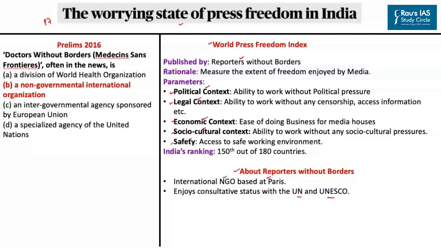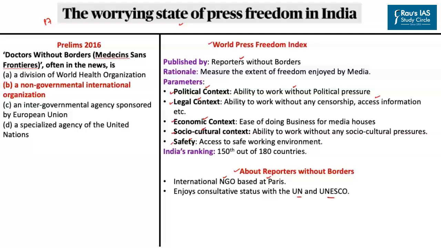Political context basically means the ability of the journalist to work without any kind of political pressure, or the ability of the journalist to hold the government officials accountable. The legal context basically means to what extent the media is able to work without any kind of censorship, to what extent the media has been given access to information.